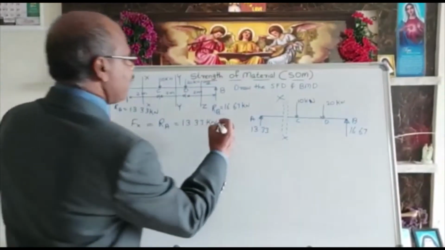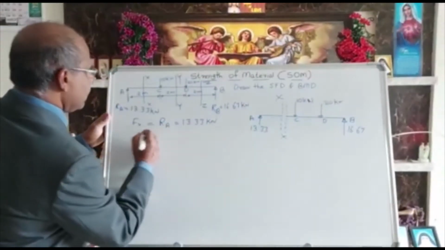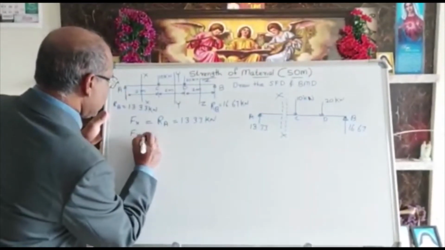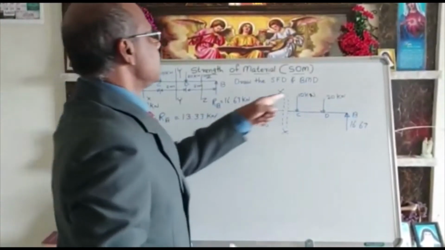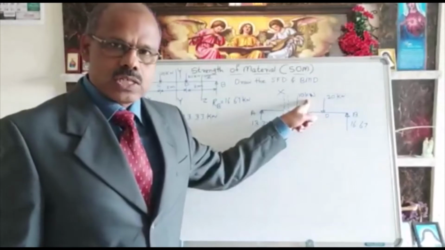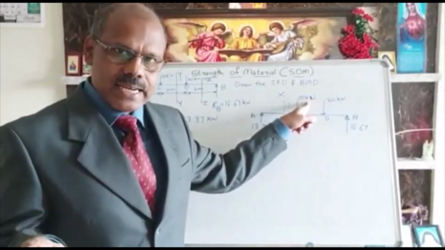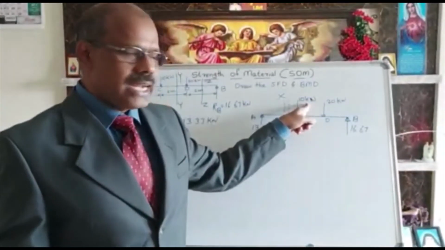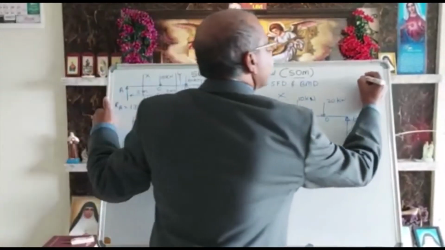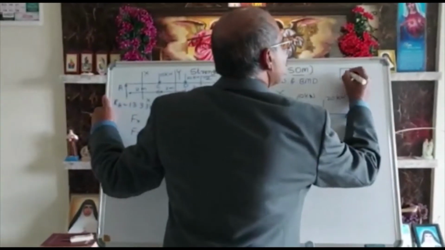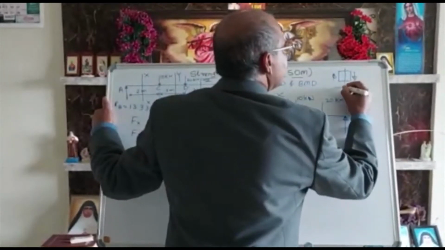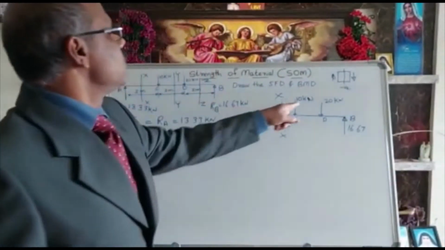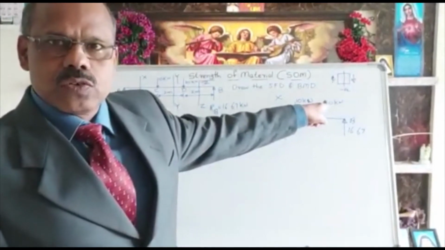This is from the left side we have considered, and if we are considering from the right side, then Fx is equal to, see, the force 10 kilonewton at the right side is going down. If right side is going down, according to this, left side up and right side down is positive, so 10 kilonewton is positive, isn't it?